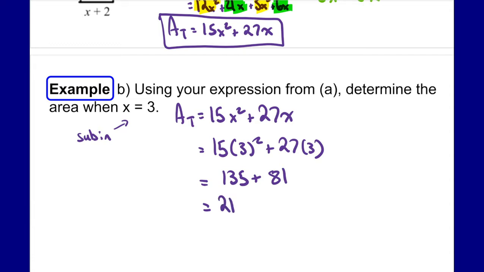We get 216 is the area when x equals 3 for this question.